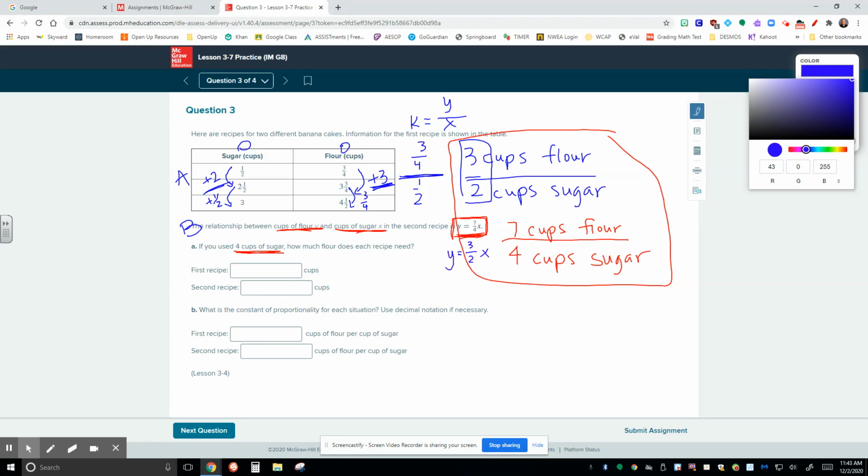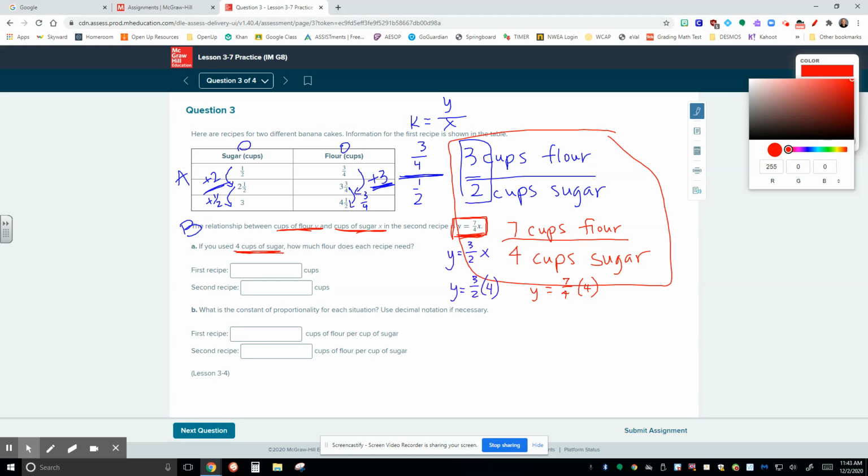And we're right back to that same situation where we use substitution. If we're using 4 cups of sugar, remember sugar is the x, I can substitute y equals 3/2 of 4. And then I could substitute y equals 7/4 of 4. By doing both of those, I can figure out exactly how many cups I would need for each of the recipes.